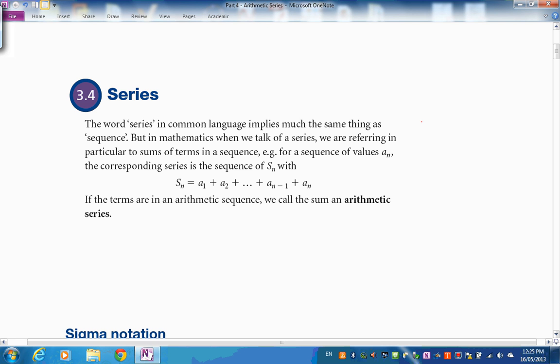There's their statement where we're looking at the sum of terms in a series, and we call the sum a series. S_n is the first term plus the second term right up to the nth term. Just remembering, don't get fooled by this, n minus 1 as a subscript means the term before the nth term.